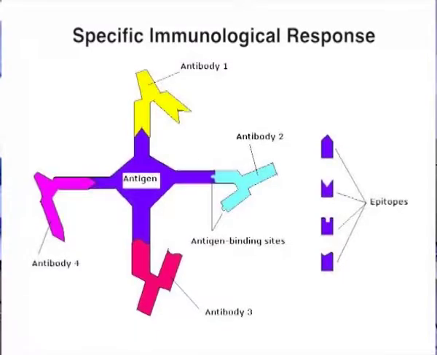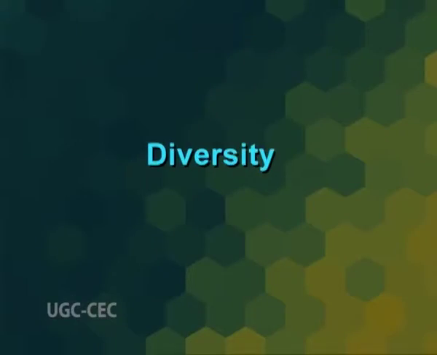The antibodies will be specific for the antigens which have stimulated their production and will not bind to other antigens. The sensitized T cells will recognize and destroy only the cells which have led to their sensitization and not the other ones.